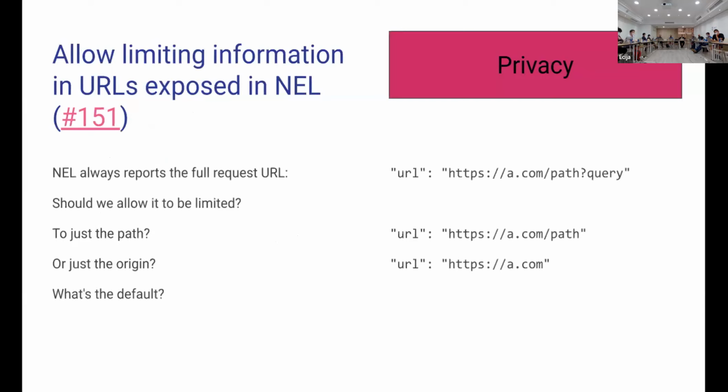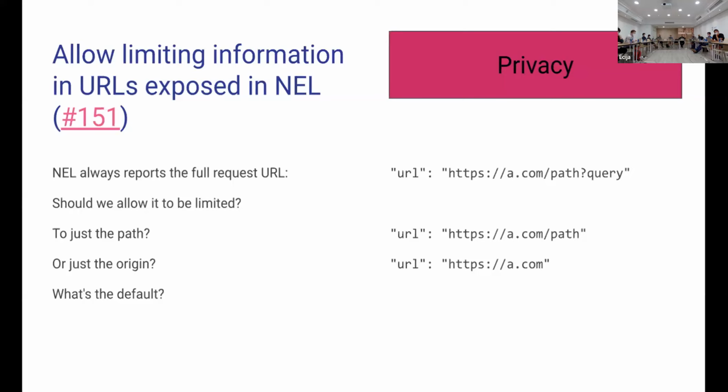And then the last one that we got is by the same group, and it's about limiting information in URLs that are exposed in NEL. They're suggesting that maybe we should make it configurable when you set up your NEL policy how much of the URL you want to report in certain situations.